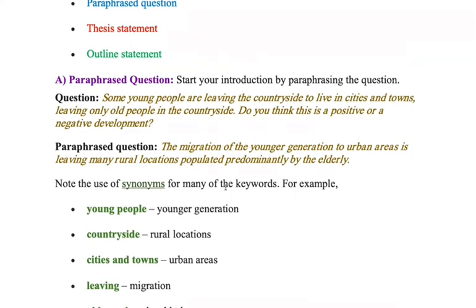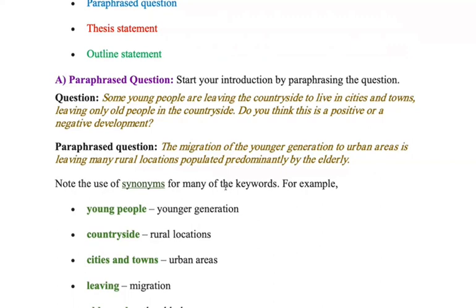So he hasn't just replaced the words with other synonyms, but also rewritten the whole structure differently. And then he says, "leaving many rural locations populated predominantly by the elderly."